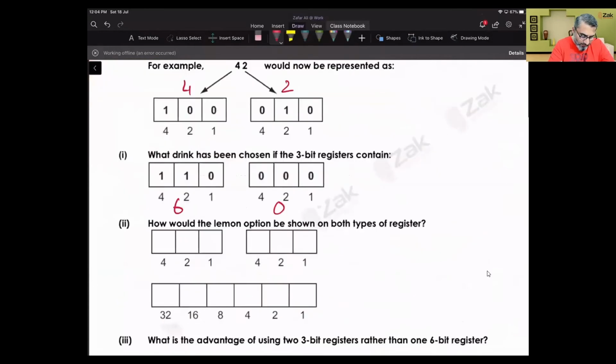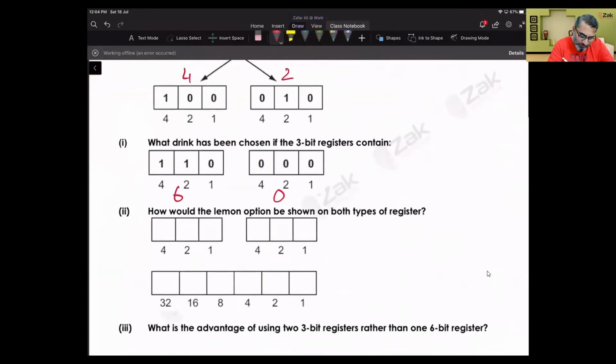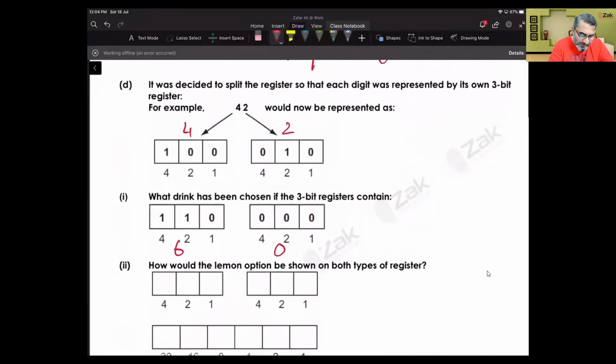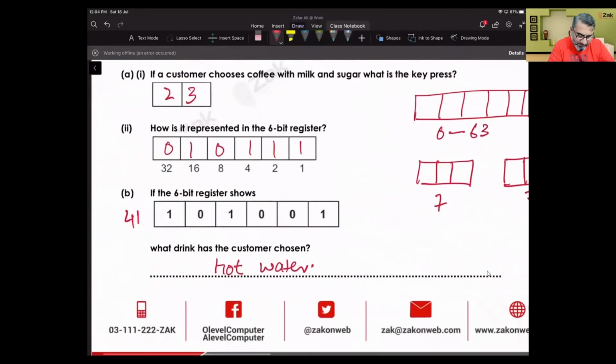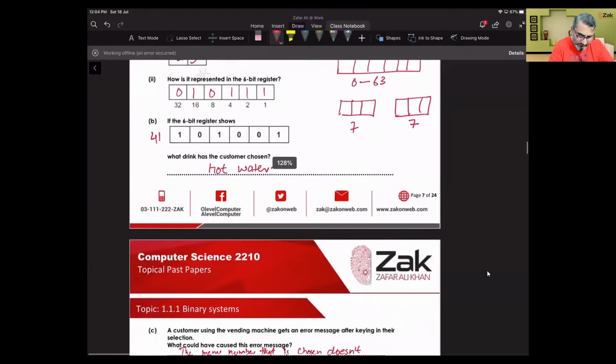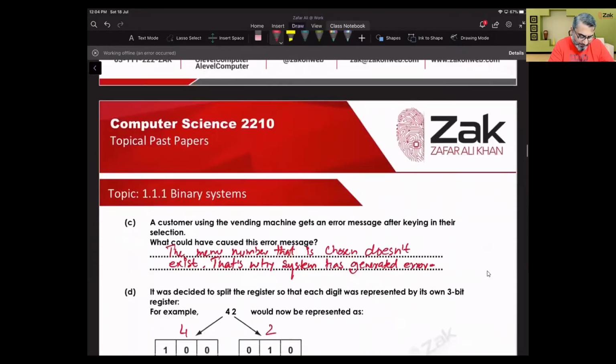60. How would the lemon option be chosen on both types of register? So let's first see what is lemon. So lemon is 52. Okay, so let's see हम lemon को किस तरीके से represent करेंगे.